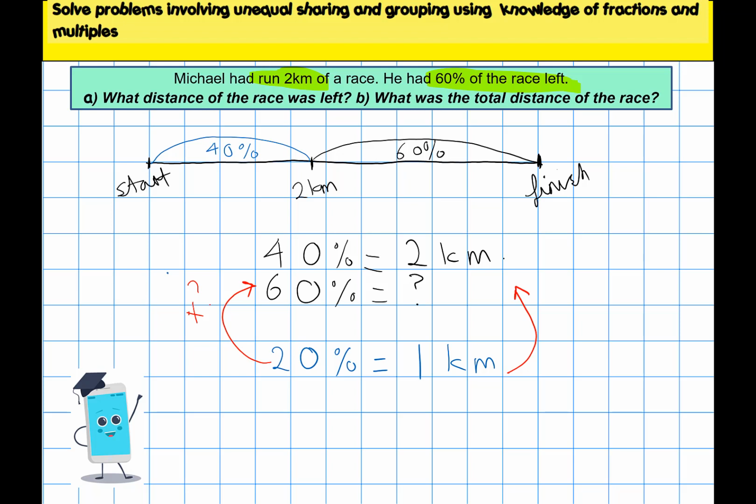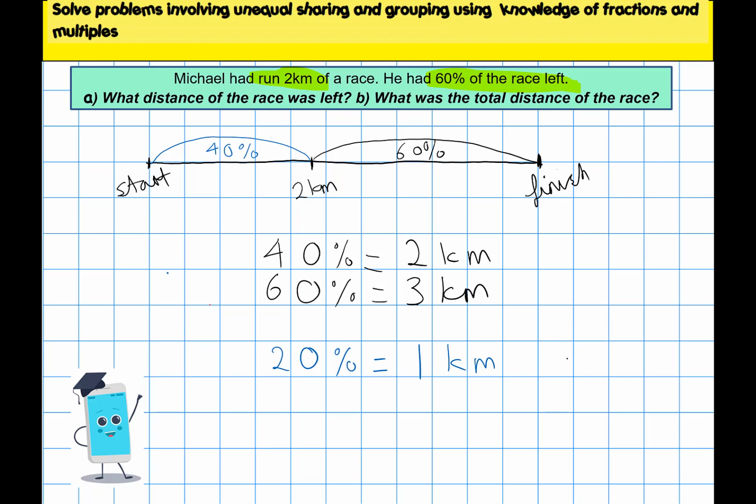As long as I keep doing the same this side to this side, I will get to the same answer. So 20 needs to multiply by 3 to get to 60. So I need to multiply this by 3, which is going to tell me that 60% is 3 kilometres. Can you see how going down to 20 helped me to go up to 60?